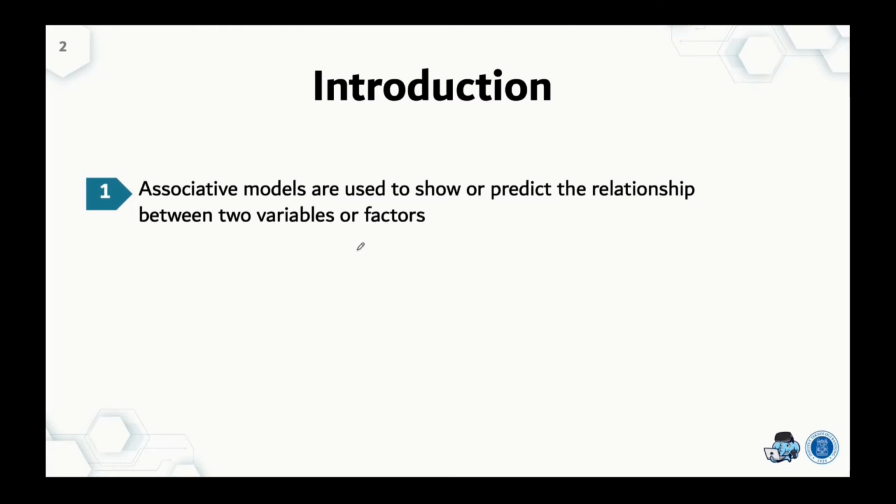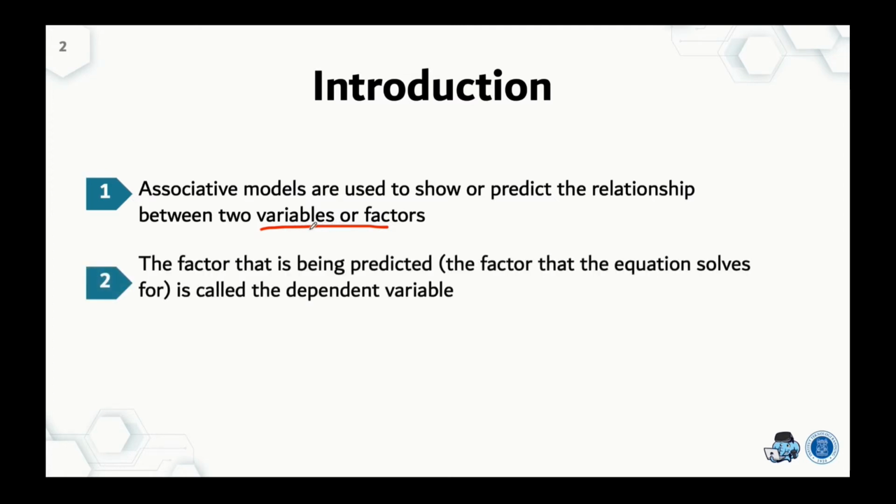But the associative model is used to show or predict the relationship between the data or variable or factor. In this case, it can be two, it can be more. The factor that is being predicted, the factor that the equation solves, is called the dependent variable.